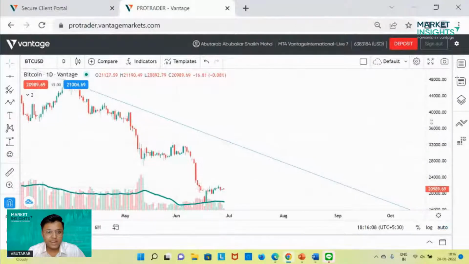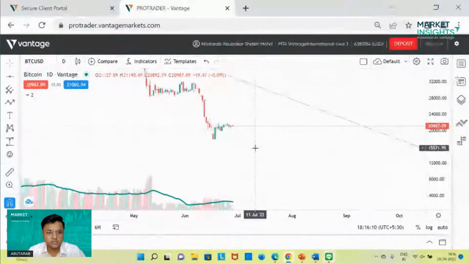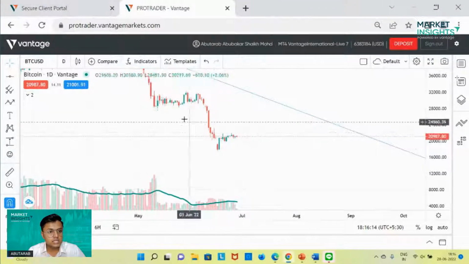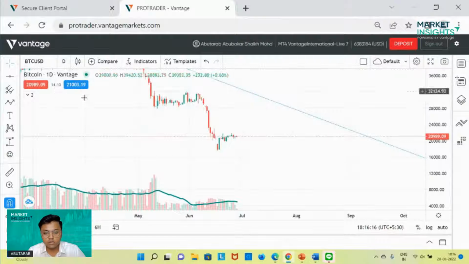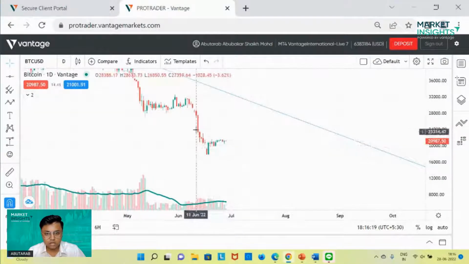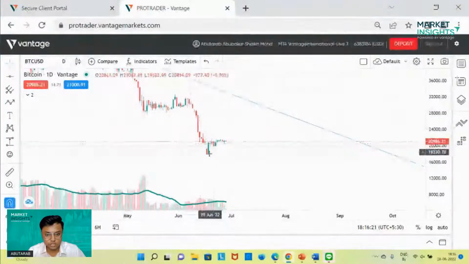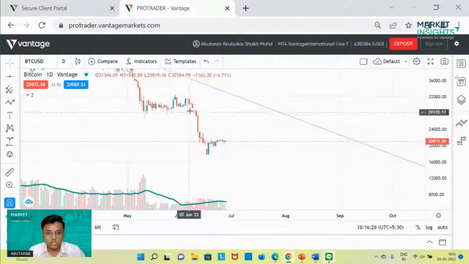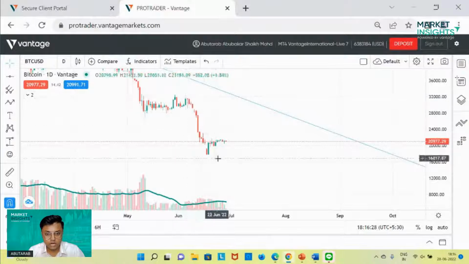The market cap is small for BTC USD. Bitcoin is a very immature market, I would say, crypto, but still Bitcoin is way more stable than other coins, because it has the highest capitalization in the crypto market, and it is one of the first coins ever built.